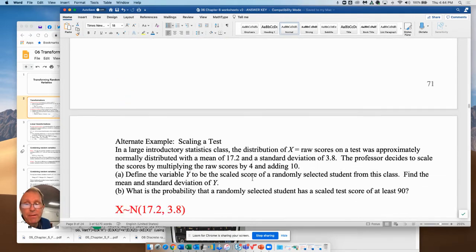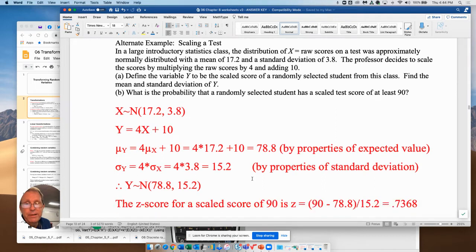And, scaling a test. This is a good problem too. Let me talk about this for a second. In a large introductory stats class, the distribution of x is defined as the raw scores on a test. We know that it is normally distributed with a mean of 17.2 and a standard deviation of 3.8. But the professor decides to scale them differently.